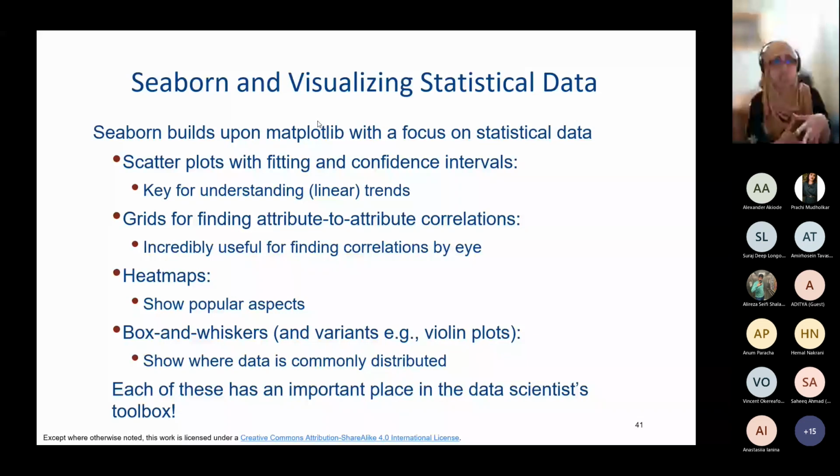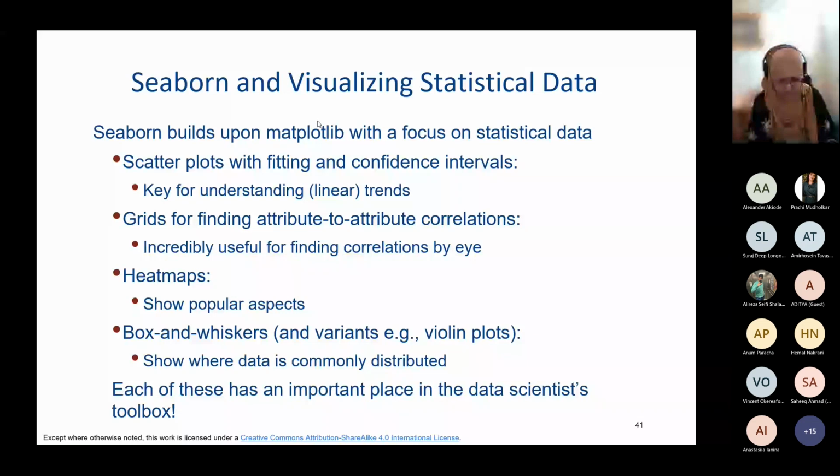If you use it with scatter plots, it allows for fitting and confidence intervals to be able to understand the trends that your data is showing. It provides grids for finding attribute to attribute correlations, which is incredibly useful for finding correlations by eye, because finding correlations through statistical calculations is a lot more challenging manually than if you see it visually.